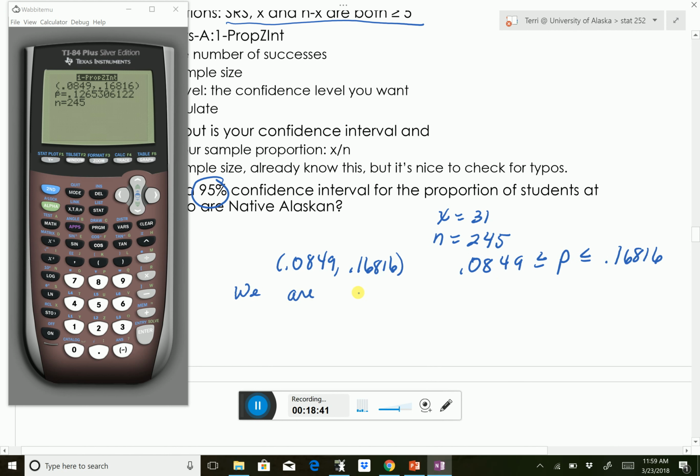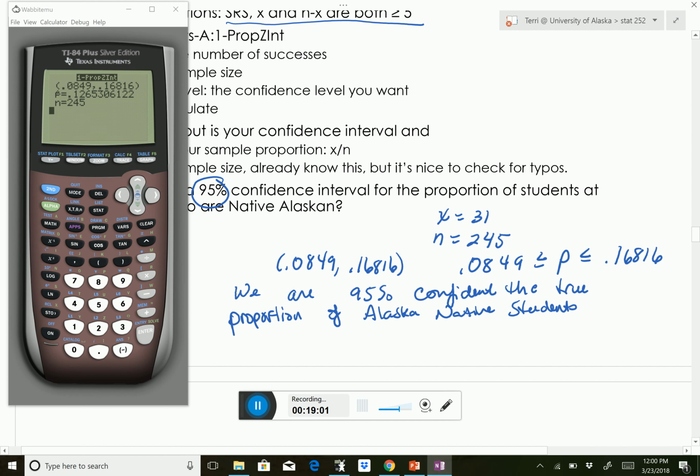So we are 95% confident the true, and make sure you write the word proportion, of Alaska Native students at UAA is between, and you can even turn these into a percentage now, 8.49% and 16.82%.